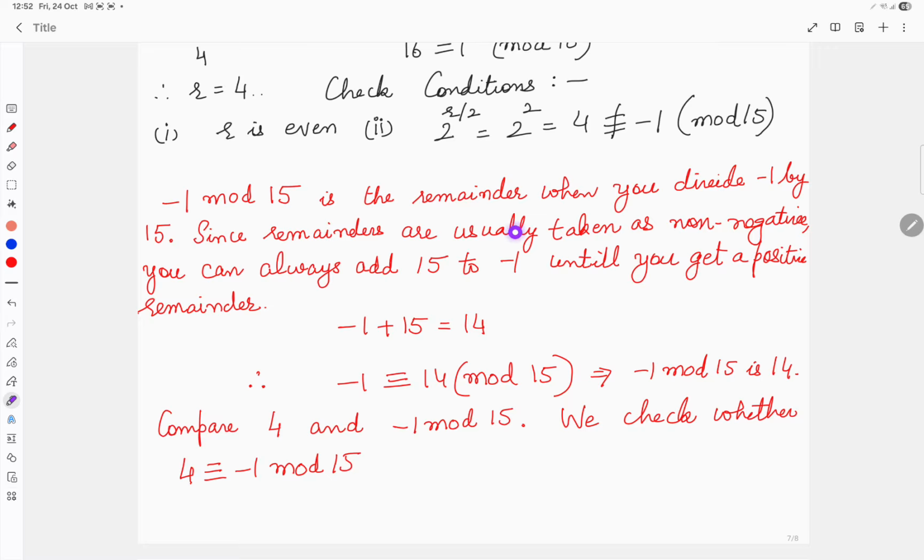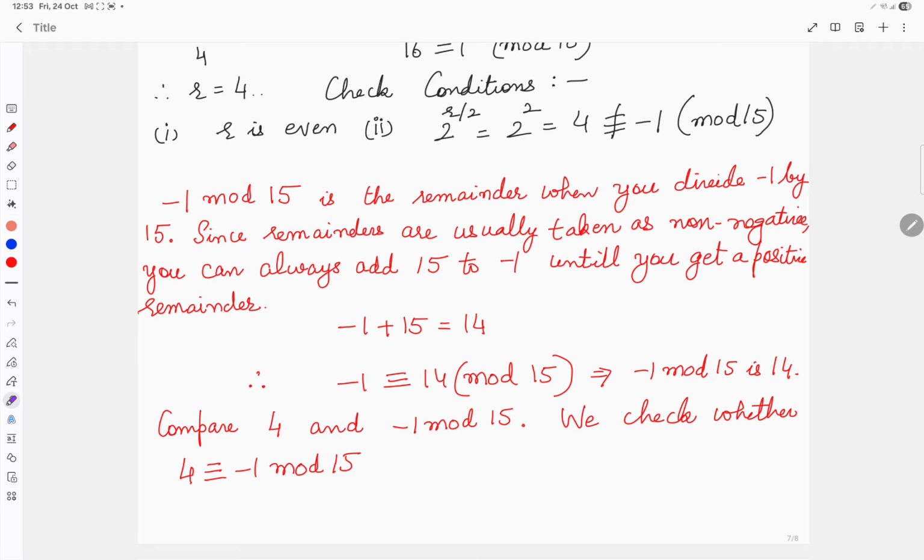Since remainders are usually taken as non-negative, you can always add 15 to minus 1, because the numbers wrap around. So minus 1 plus 15 is 14.